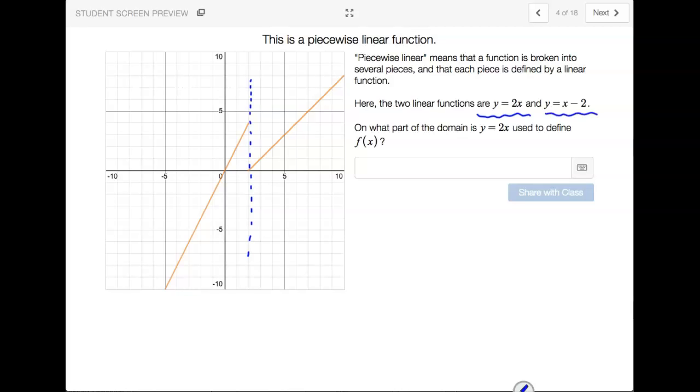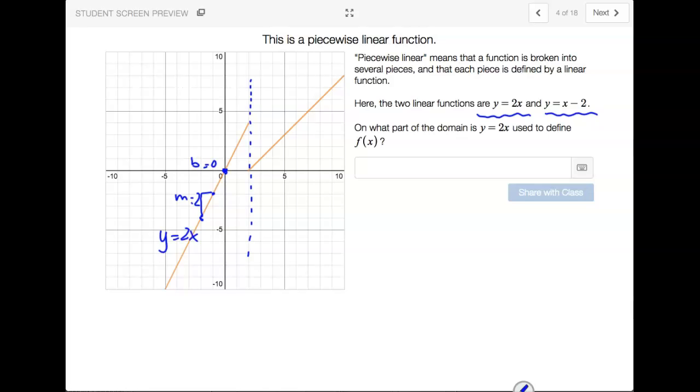On what part of the domain is y equals 2x used to define our function? Well, if we look at our two lines here, notice that this one has a y-intercept of 0, and it has a slope, if we look at 2 points here, of 2. So this would be just our equation y equals 2x.